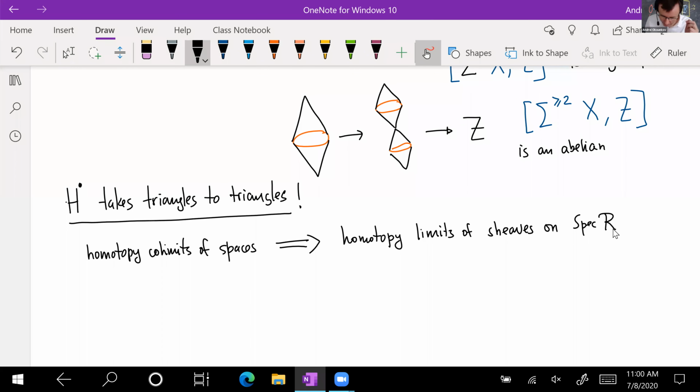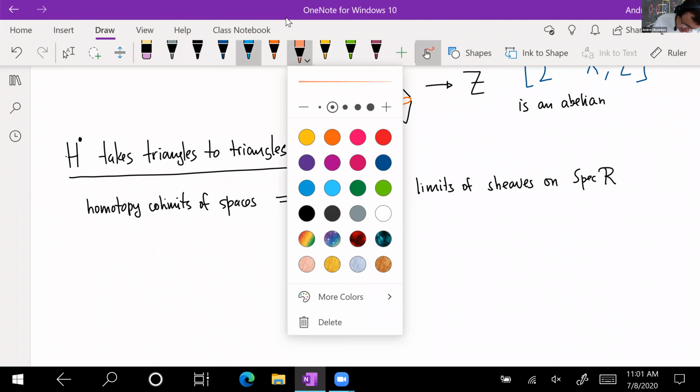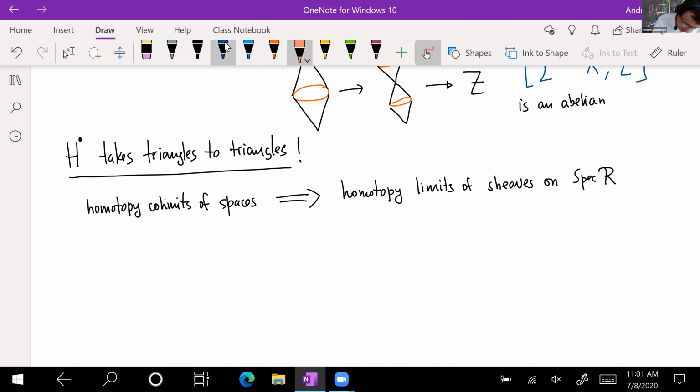But I don't want to go into general categories here. I'll just give you the finite homotopical limits, or also infinite, but in practicality this reduces to just one notion.